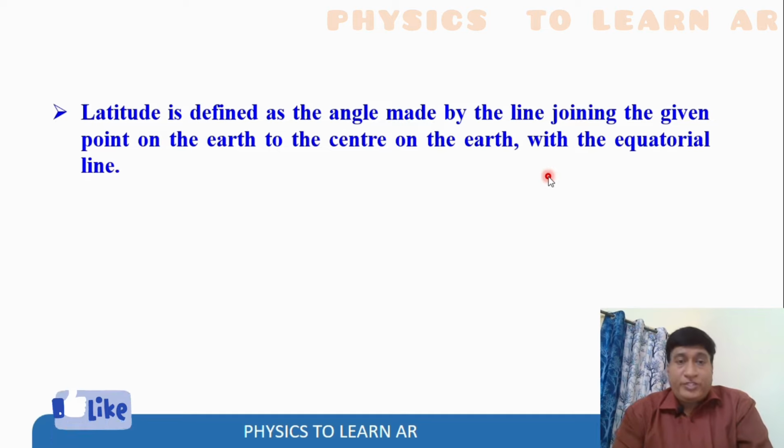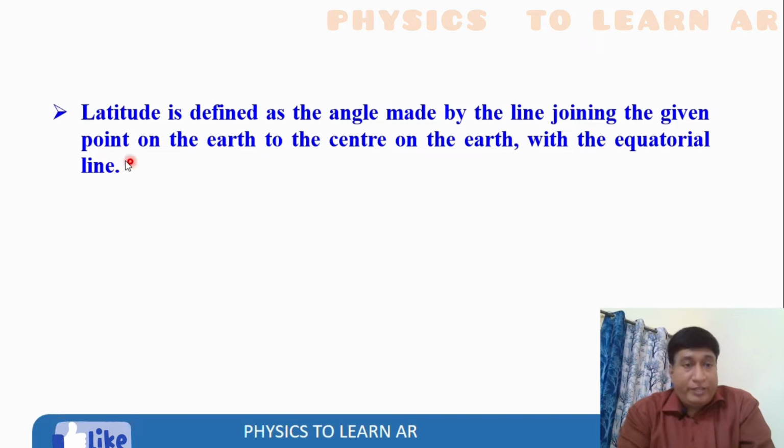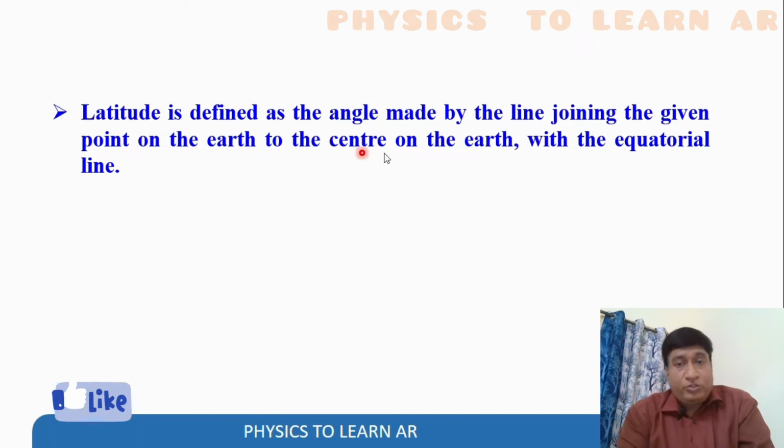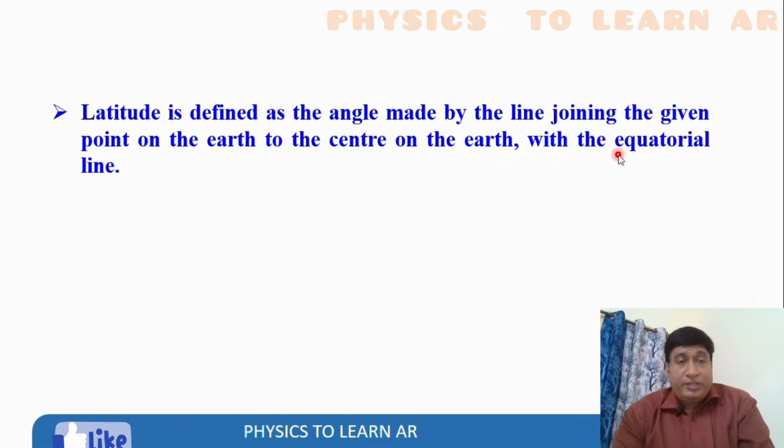Latitude is defined as the angle made by the line joining the given point on the earth to the center of the earth with the equatorial line. In simple form, we can call this the variation of g with latitude.